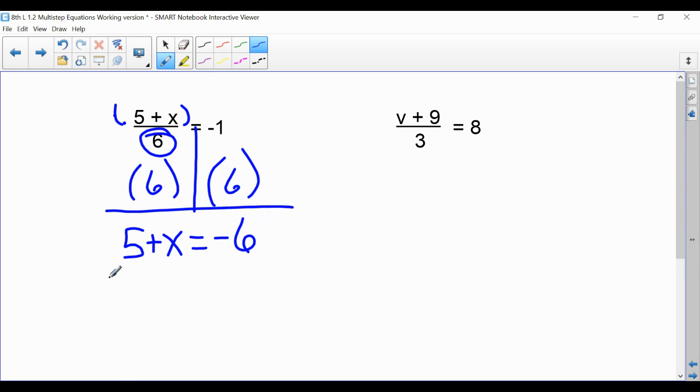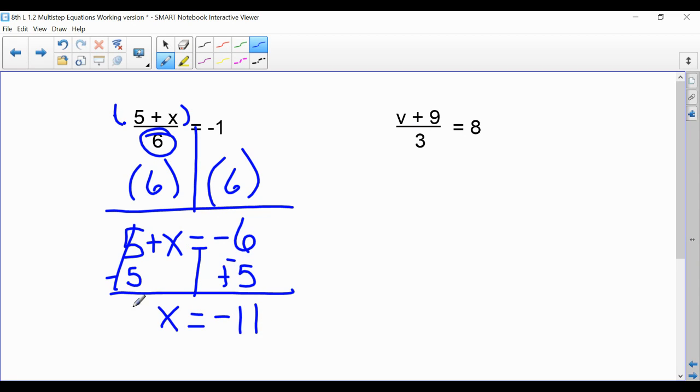Now we have a constant over here, so it's a positive 5. I'm going to do negative 5 underneath to move it, and I'm left with x equals negative 6 minus 5, or negative 6 plus negative 5, and that is negative 11. Same sign sum, answer stays the same.